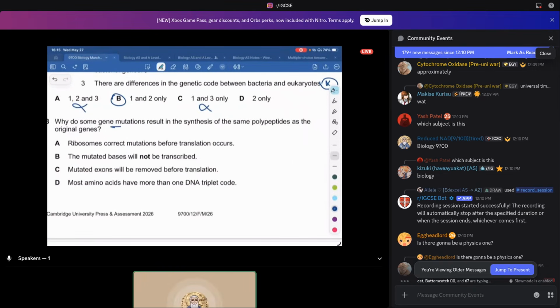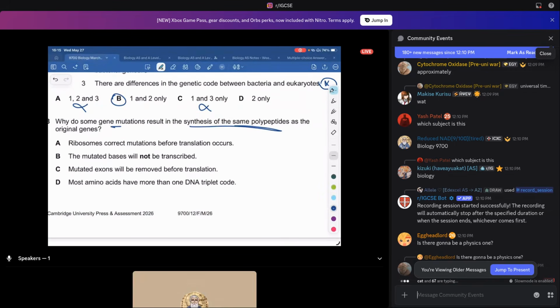I'm going to speed up a bit because we're quite late. Why do some gene mutations result in the synthesis of the same polypeptides? Degenerate genetic code. That means multiple triplets of bases can code for the same amino acid. Ribosomes correct mutations. No, they don't. The mutated bases will not be transcribed. What's stopping them from being transcribed?